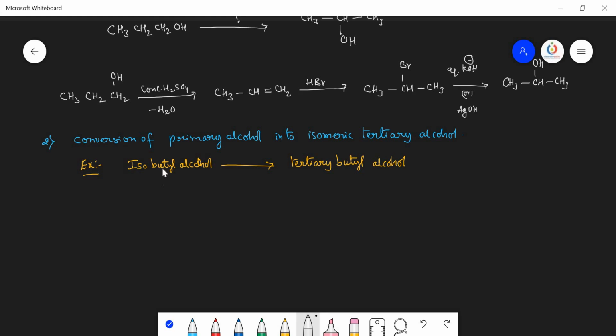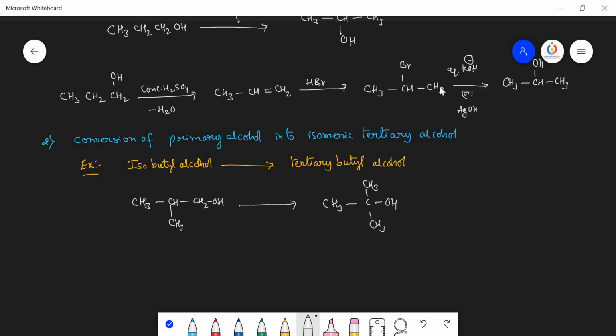So first of all write down the structure of this isobutyl alcohol, which is a primary alcohol. CH3, CH, CH3, CH2OH. This isobutyl alcohol is to be converted to the tertiary butyl alcohol. And this becomes very easy, similar to the earlier procedure.